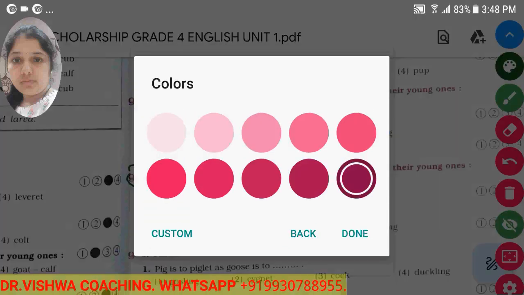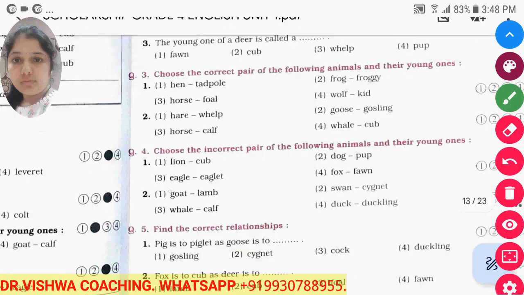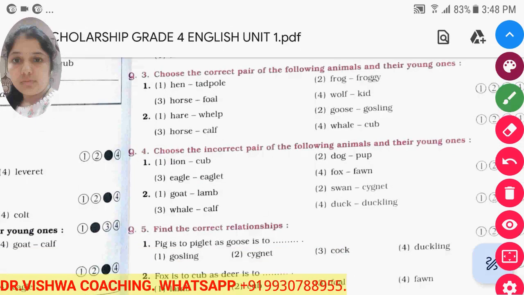Now the third question pattern can be asked as choose the incorrect pair. Means 3 pairs given to you are correct and we have to choose which is incorrect. So lion, cub, yes it is correct. Dog, pup, again it is correct. Eagle, eaglet, yes, correct.